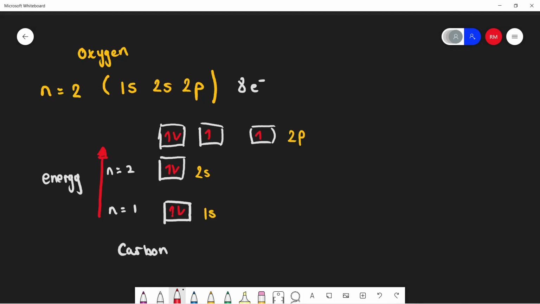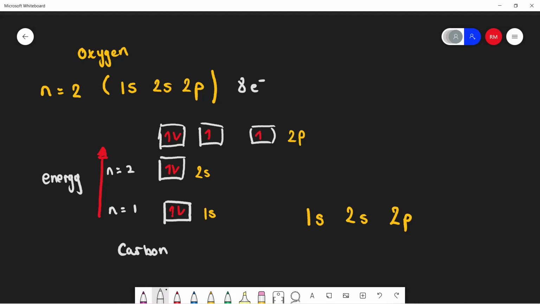And this is all very well, but what if we want to write it out? The standard way of writing electron configuration is as follows. We would have 1s, 2s, 2p, and then we would state how many electrons are in each orbital.